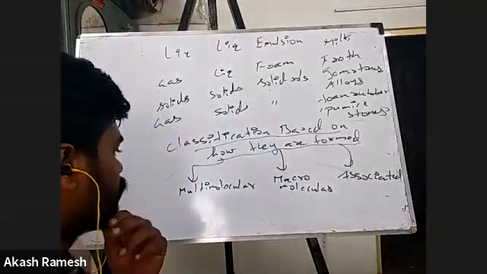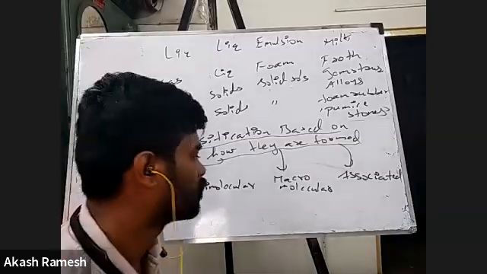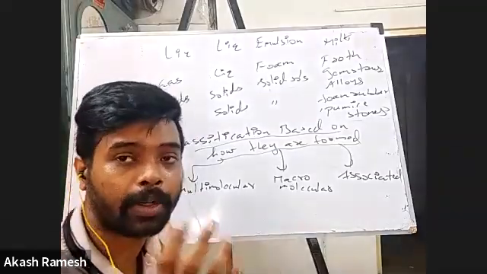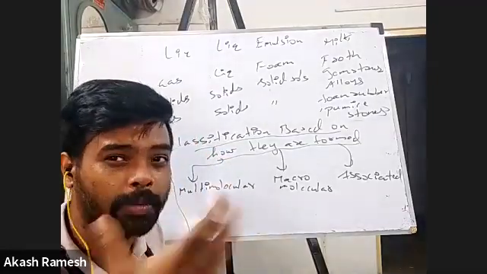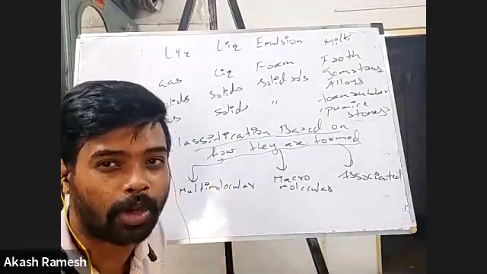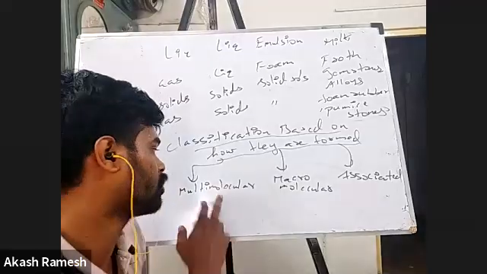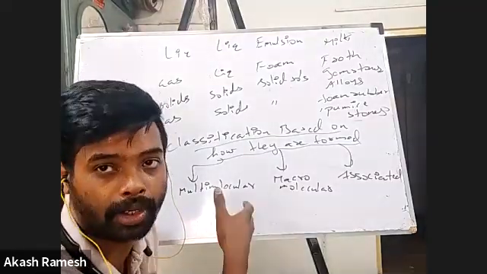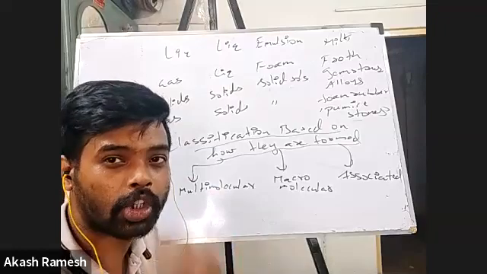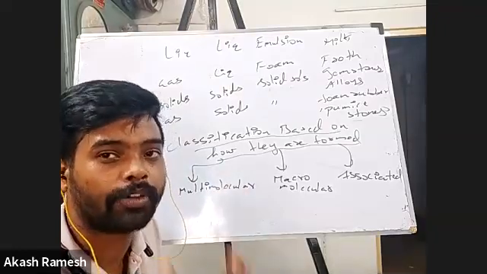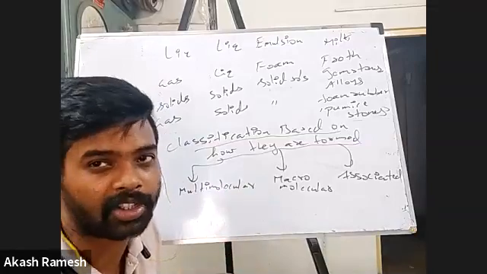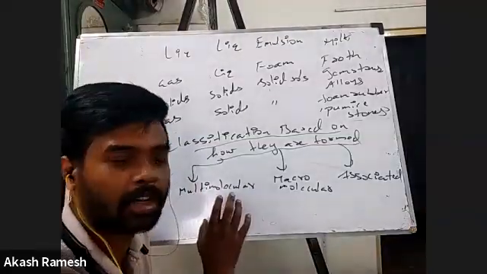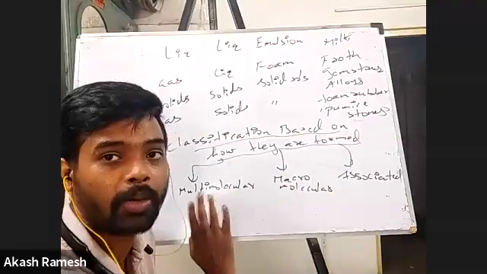So what is the difference between these, if you ask me? Obviously, to make up the colloidal size range, there should be some aggregate of small particles, right? So that is what is told here, multi-molecular. That means so many molecules will come together to form a size in the colloidal range, right? These are the smallest among the three.